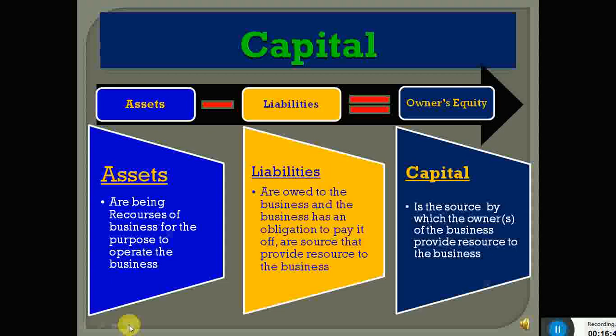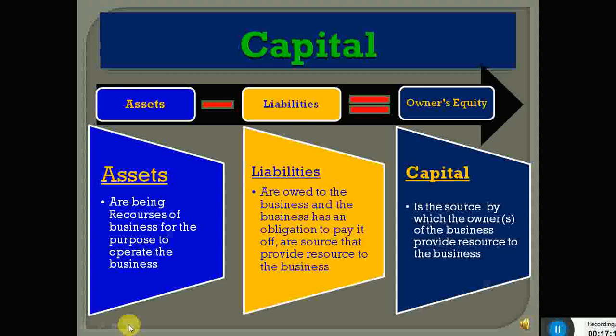To differentiate here, you can see assets are the resources of the business for the purpose of operating the business. On the other hand, there are two sources, the combination of assets and liabilities. If you deduct one source, that is liability, you will have one remaining source, that is capital.